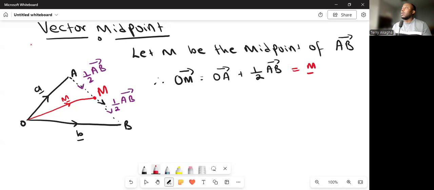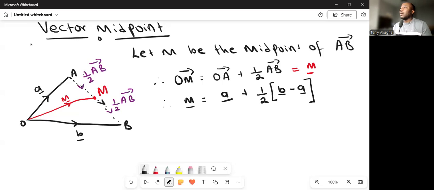Now, I can further solve this. So I can now say, therefore, M will be equal to OA. We know OA is A, plus 1 over 2. Remember I told you how to get AB, it is going to be B minus A. Do you remember the previous video? If you've not watched my previous video, please go back and have a look.